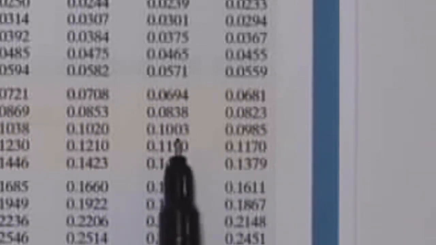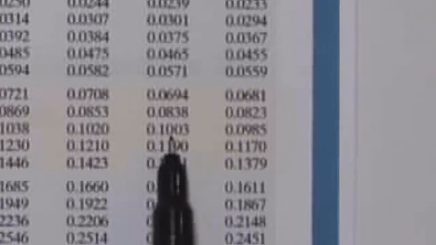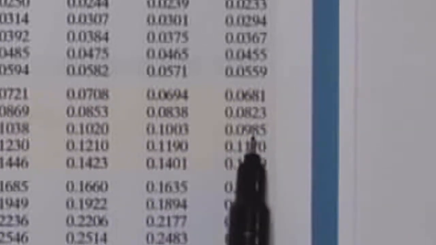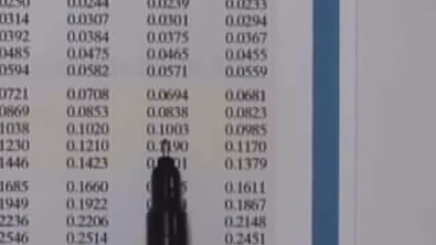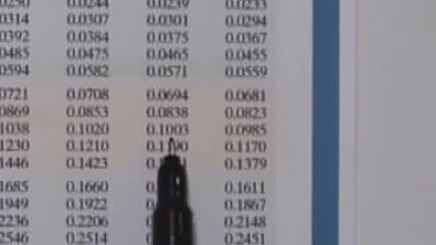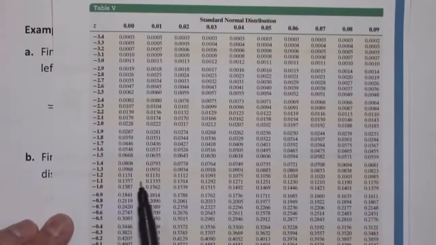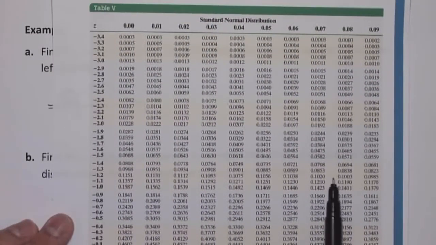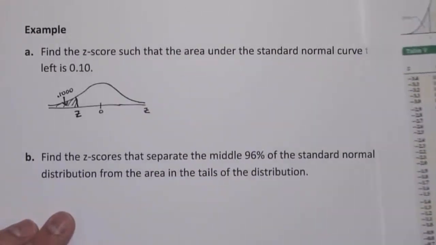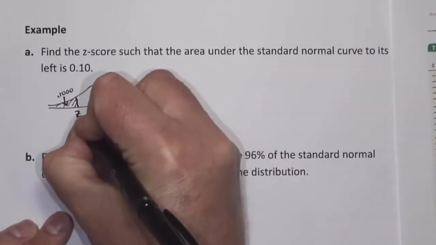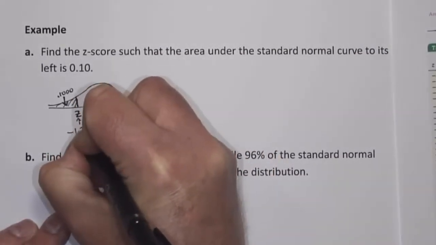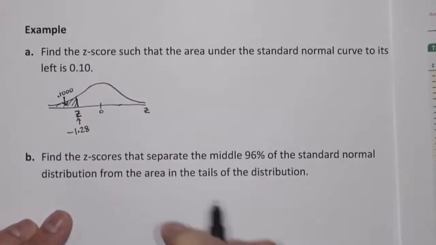If this table had more detail to it, then 0.1000 would be somewhere between these two values. The closest thing we have to 0.1000 is 0.1003, and that corresponds to a z-score of negative 1.28. So this z-score right here would be negative 1.28 approximately.